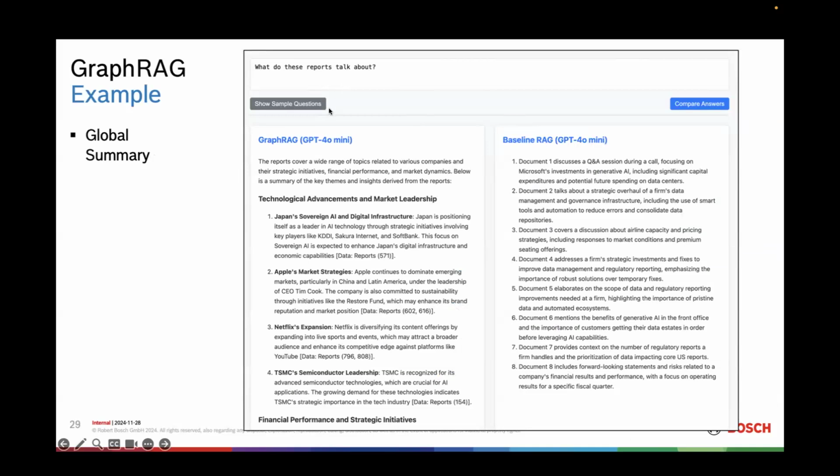If you have a bunch of reports, then the GraphRAG can really look for the most common topics across all documents. If you ask baseline standard RAG, it can just give you a handful of topics that are in the data, but it cannot really give you the 10 most important topics across the whole documents.